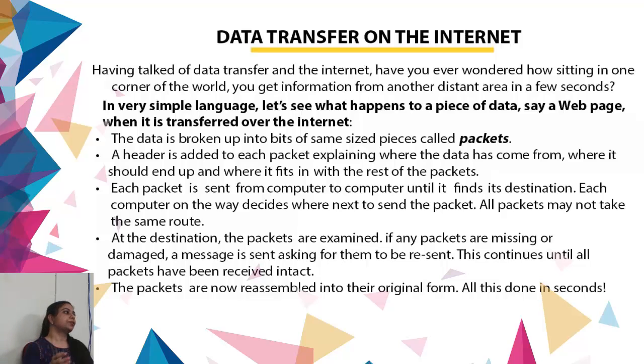The data is transferred from one computer to another, passing through a well-defined route, and the data that has been divided into small packets is, at the end, when received at the destination, rearranged properly like it was in the original place.